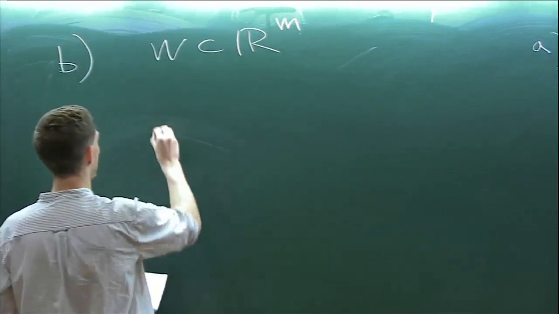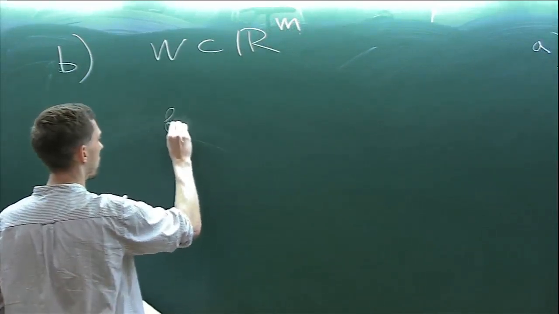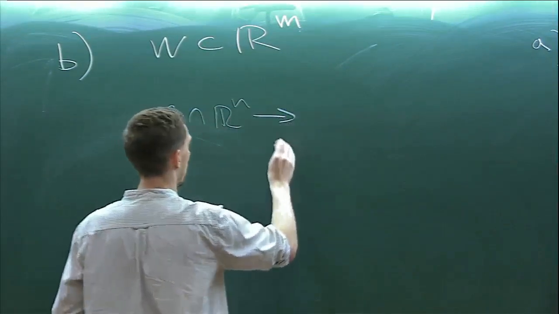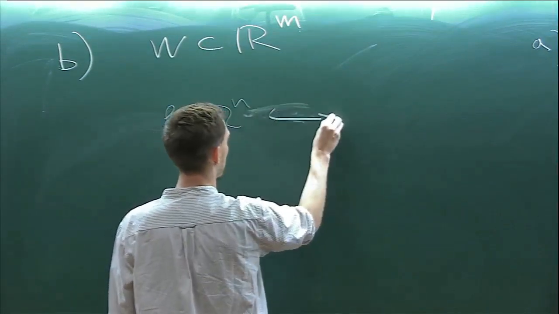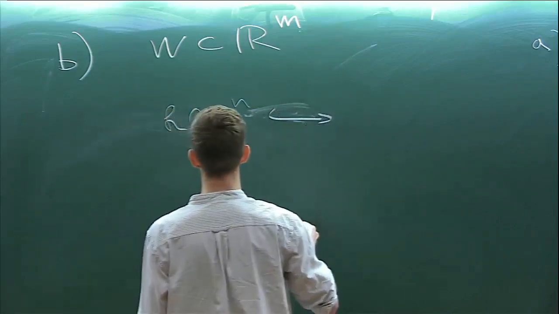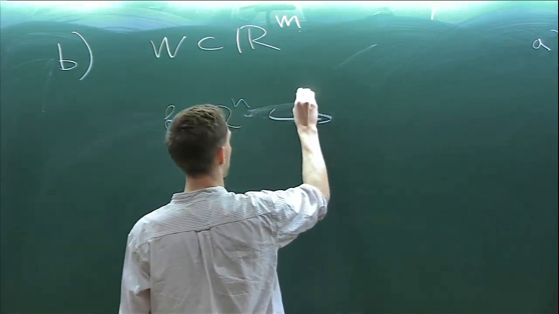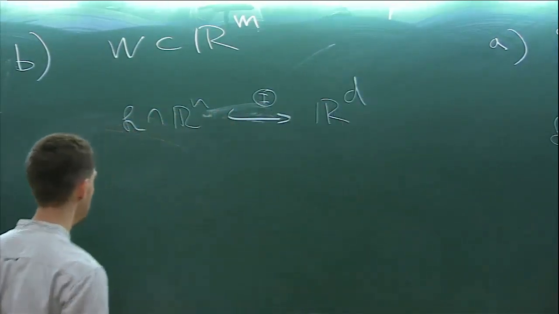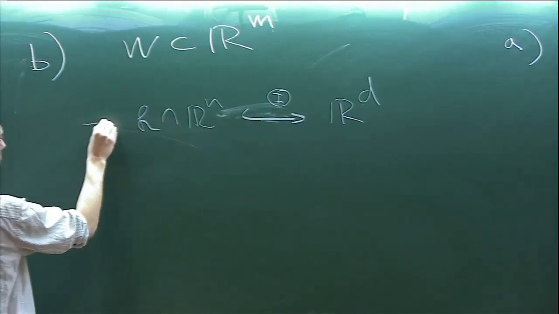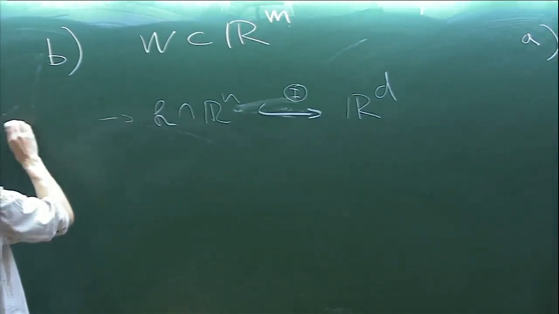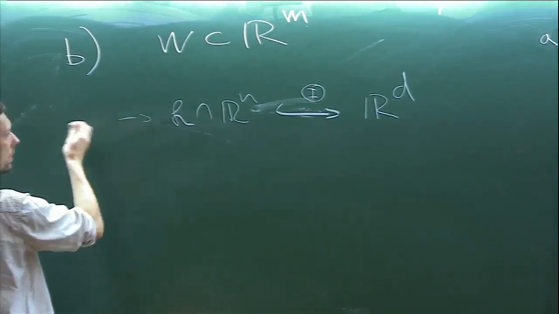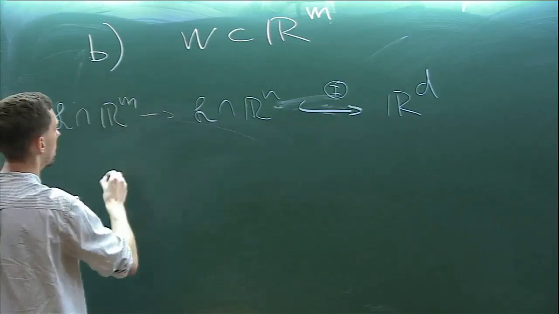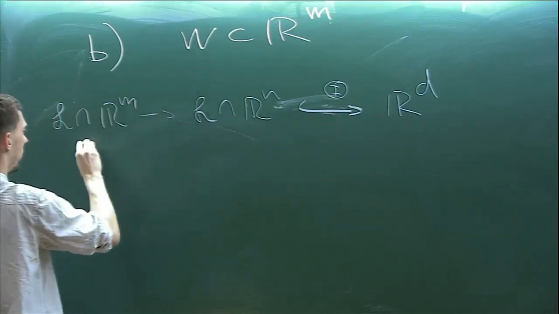Then we look again at the map L intersect Rn, which we know is an injection by its assumption to the physical space. So there's supposed to be no kernel, right? So the kernel is L intersection Rm.